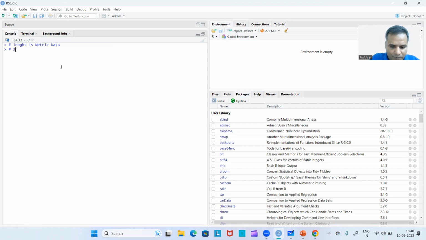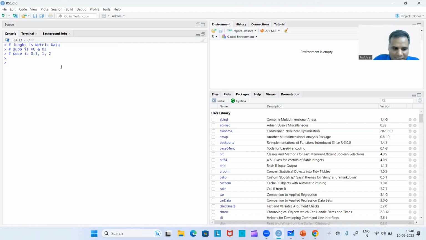Second, supplement is VC and OJ. हाँ, VC and OJ, मैं बार बार भूल जा रहा हूँ. डोंट वरी, मेरे को बहुत चीज याद नहीं रहती है. ओके, सप्लीमेंट इज VC एंड OJ. और तीसरा आपका डोज था. डोज तीन तरह का है, 0.5, 1 और 2.